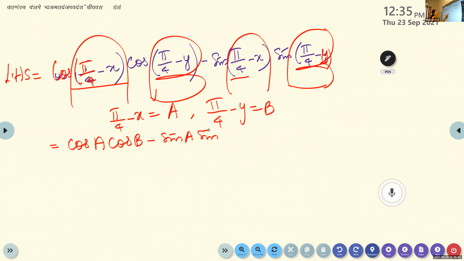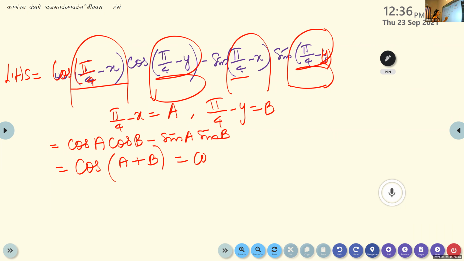What is cos a cos b minus sin a sin b? It is cos of a plus b.